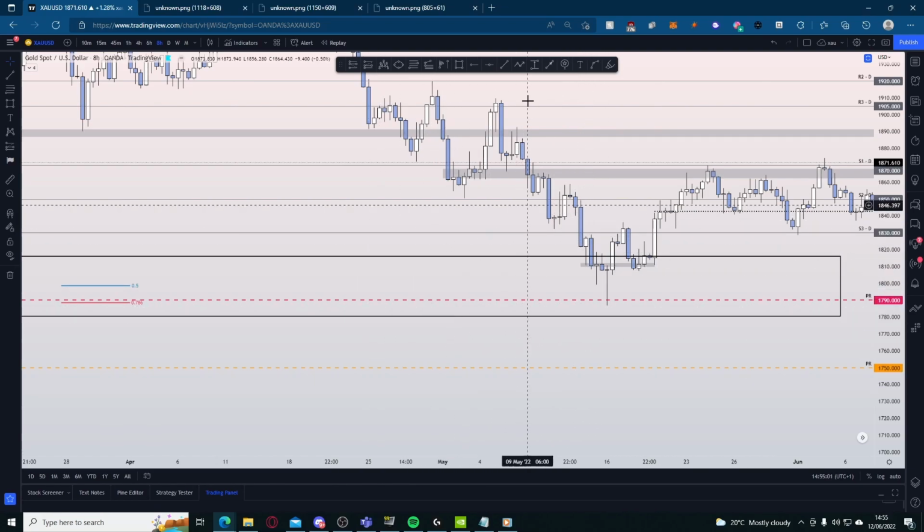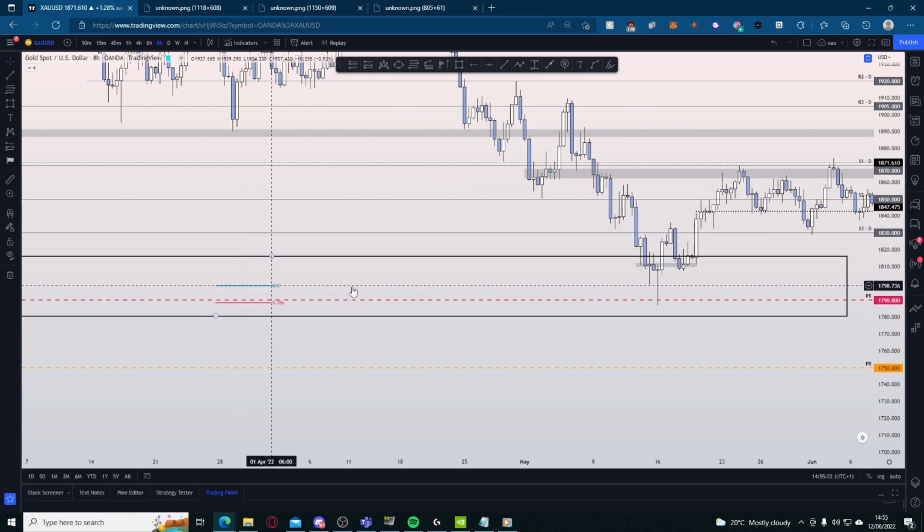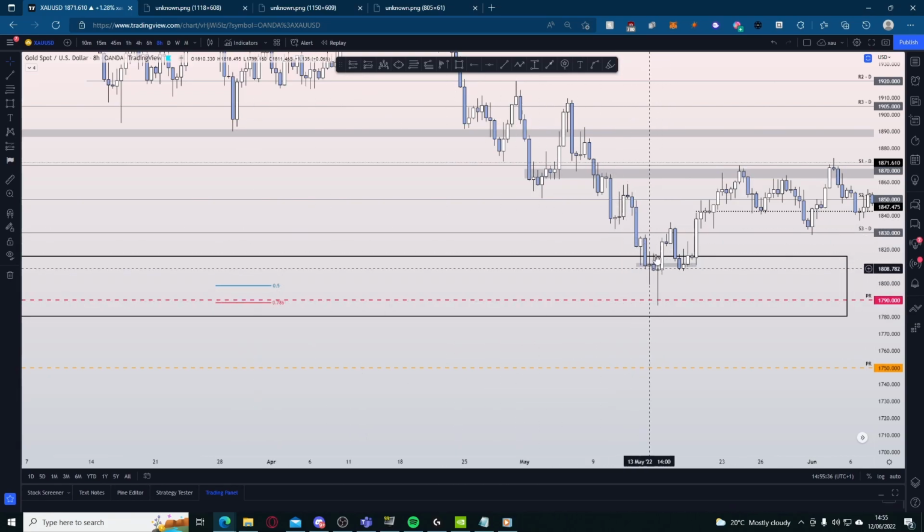Now, typically, if you had a respected level like this and there was only a tap in and then price moves away, people won't trust it as much as if there were multiple touches in and around this area. You can see here, if we measure it up by the fib, the areas of discount we've got within this block, price actually discounted nearly 80% of the order block.